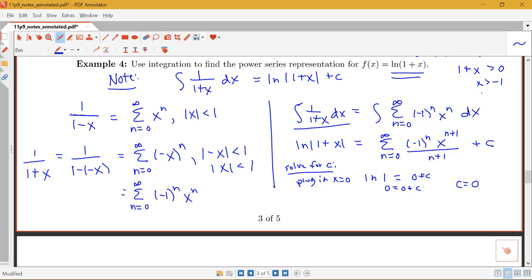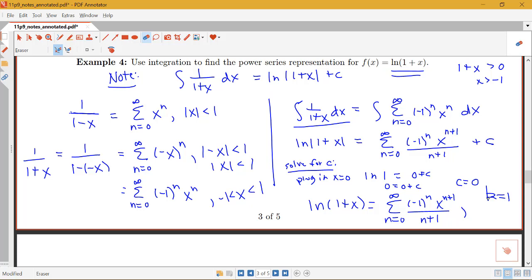So because we will have x greater than negative 1, actually also less than 1, 1 plus x itself will always be positive. So we can say log 1 plus x without the absolute value bars here is equal to this sum from n equals 0 to infinity of negative 1 to the n, x to the n plus 1 over n plus 1. Okay, that still has a radius of 1.